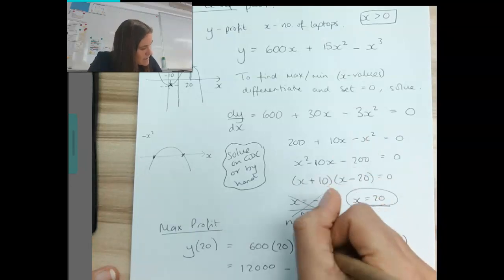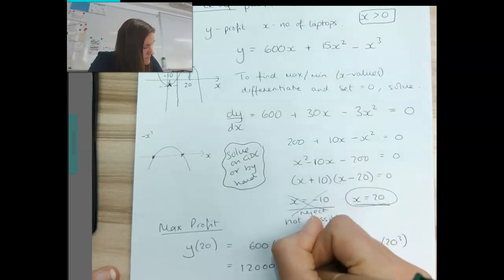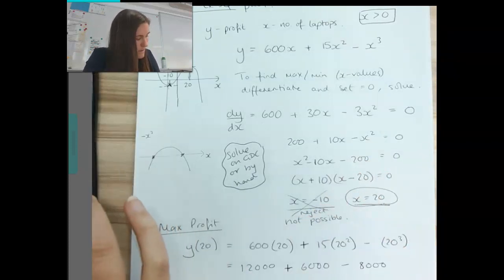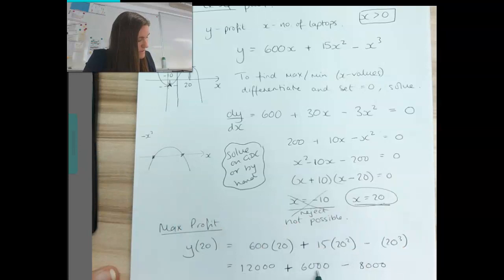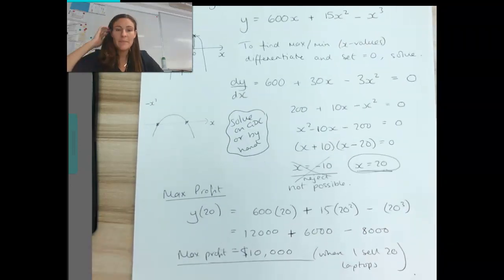Sorry, that's not a minus, that's a plus. This should be plus. And then minus 8,000. So that's 18,000 minus 8,000, which is 10,000. So my maximum profit is $10,000, and that happens when I sell 20. Okay, all done.